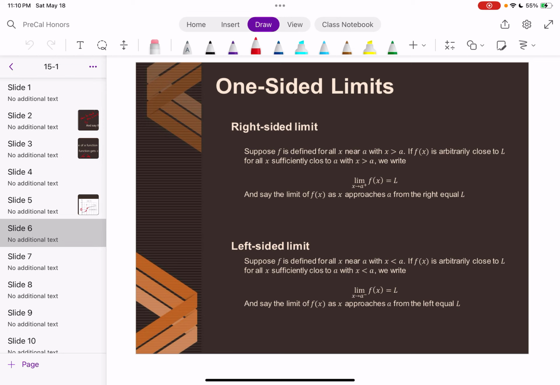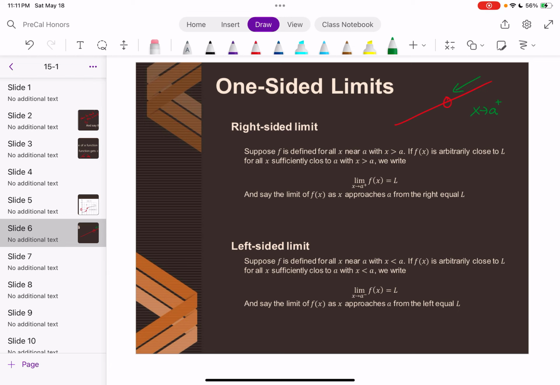So if we are looking at any type of line, and we're just going to draw this quick line here, if we are approaching from the right side, so a right-sided limit, we are going to work our way towards that exact spot. Generally, we would see this as x approaches whatever the number is, we'll call it a, and that's going to be from the plus side.